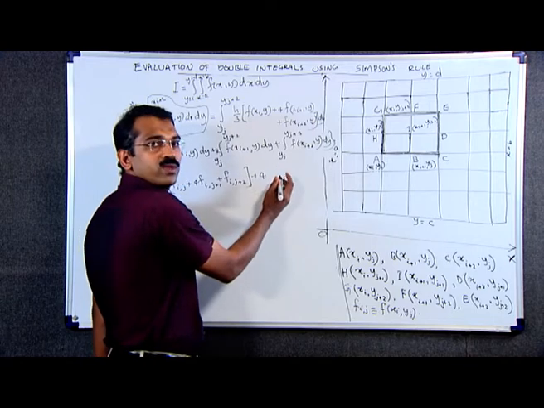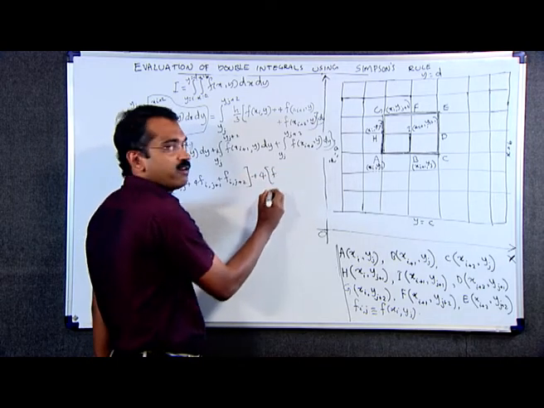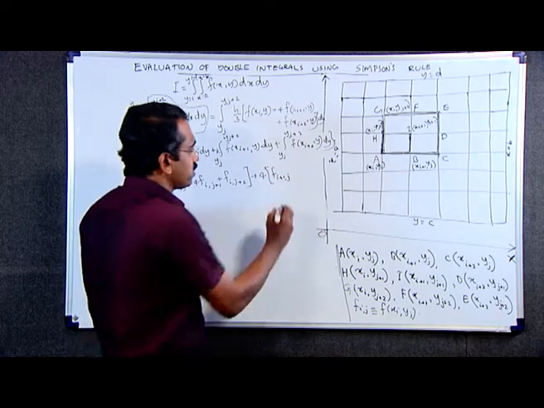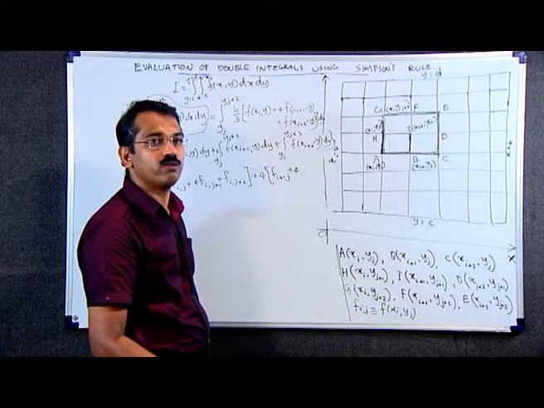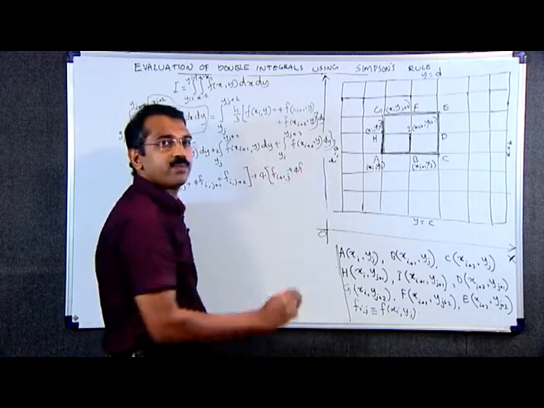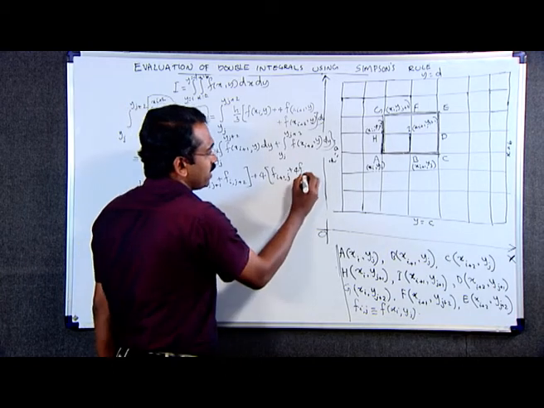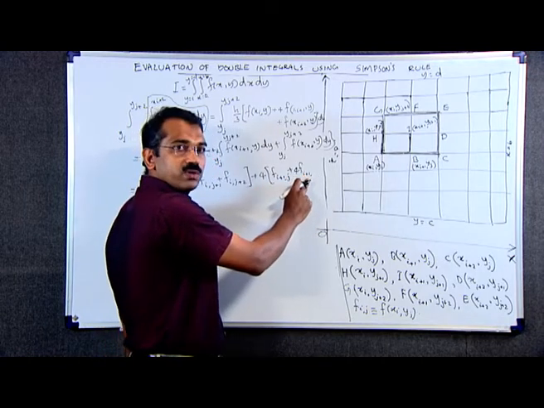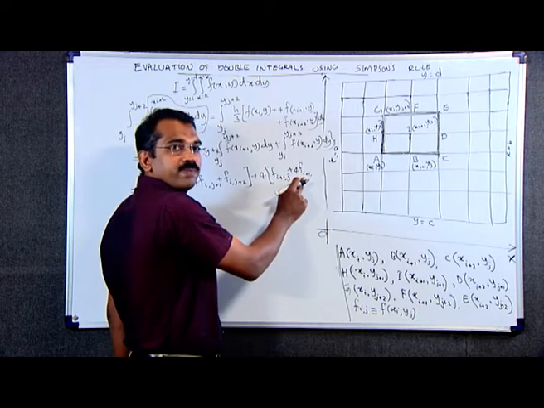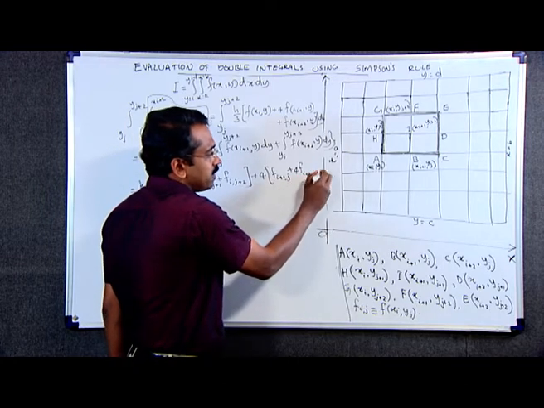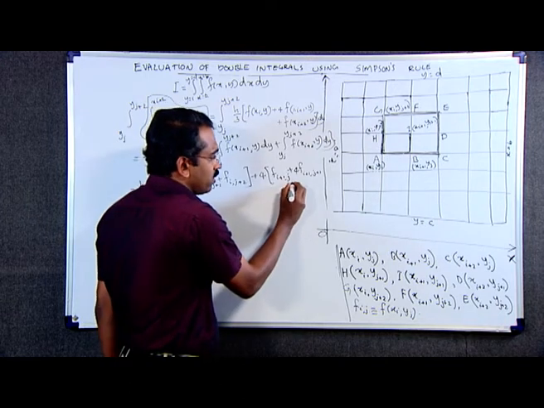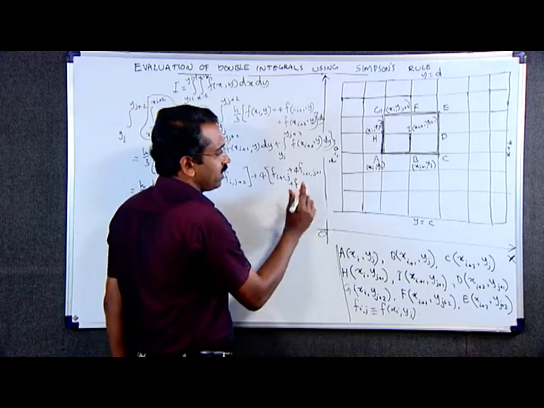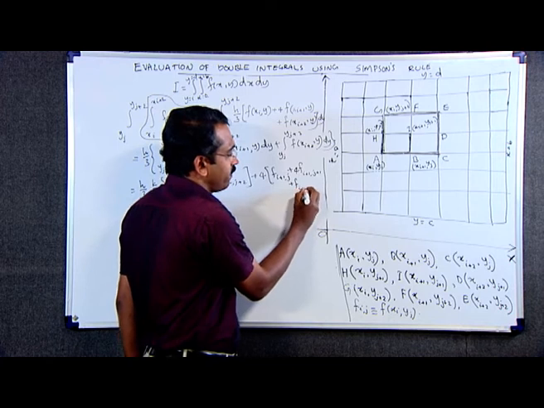By our notation, we write f i plus 1 comma j in the suffix, plus 4 into f of xi plus 1 comma yj plus 1, that is f i plus 1 comma j plus 1, plus f of xi plus 1 comma yj plus 2, that is f i plus 1 comma j plus 2.